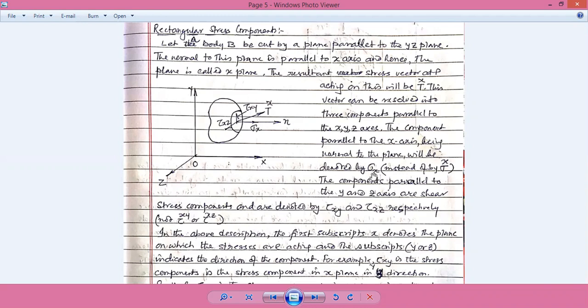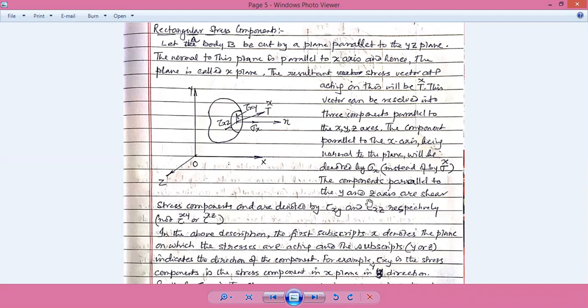We are not writing sigma to the power x, but sigma with suffix x, though it is still a vector itself, just for convenience.